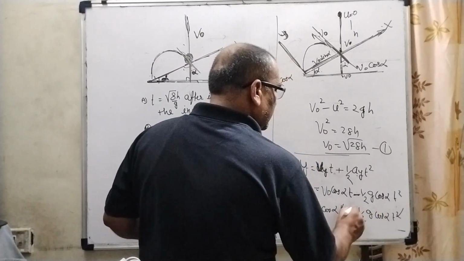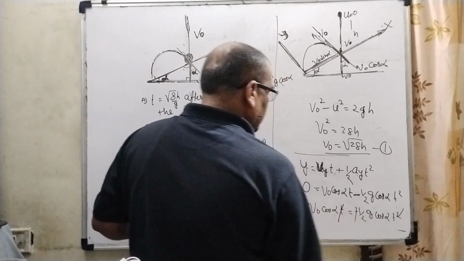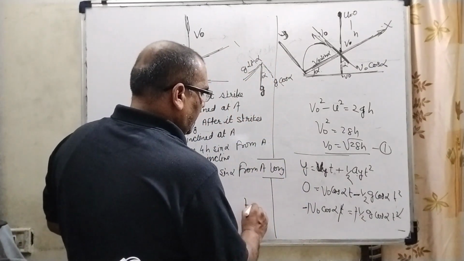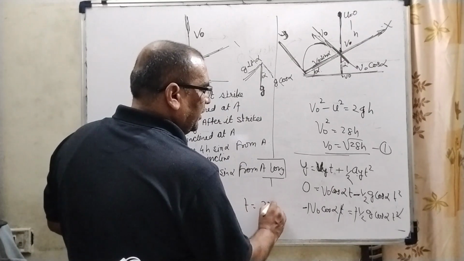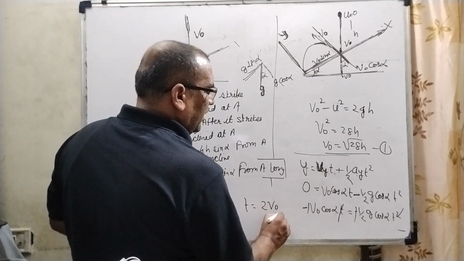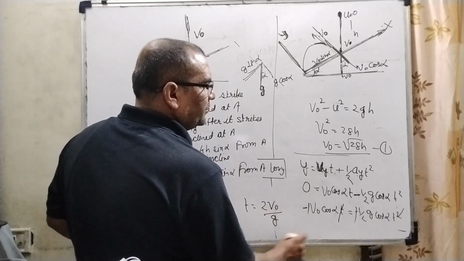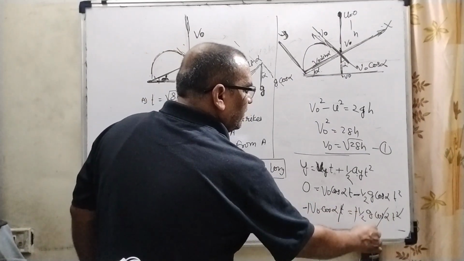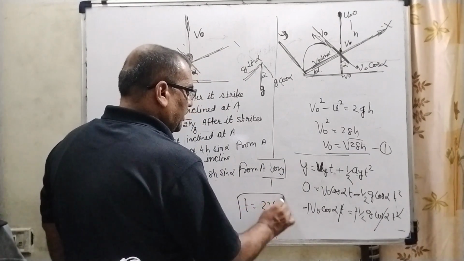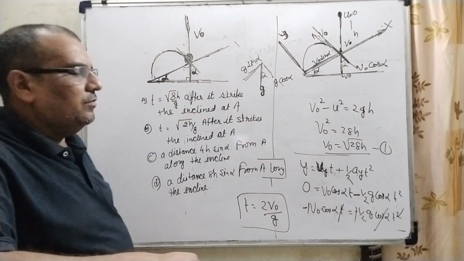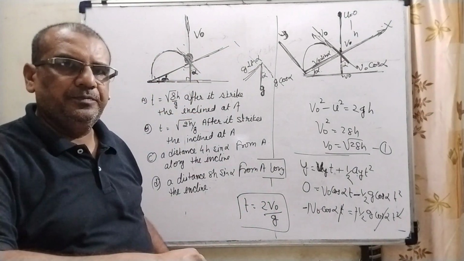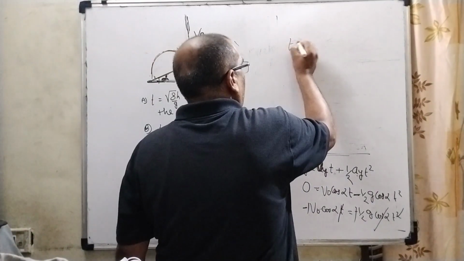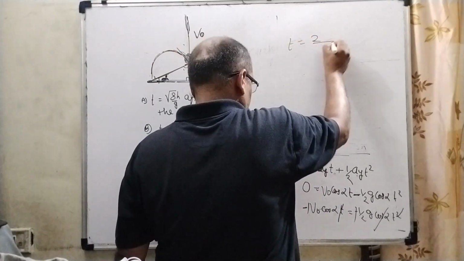One t cancels out, minus minus cancels out. Then time of flight t equal to 2v naught upon g. Cos alpha and cos alpha also cancel out. So here we get time of flight t equal to 2v naught upon g. Now substitute the value of v naught. What is the value of v naught?